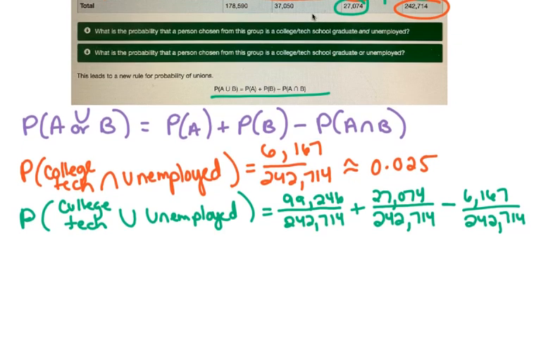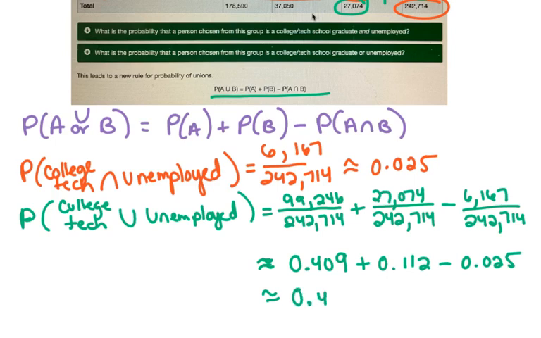And so that's going to equal approximately 0.409 for the first one, plus 0.112 for the second one, and then minus 0.025. And again, I'm going to plug this all into my calculator, and I get approximately 0.496. So the probability of someone graduating college tech or being unemployed is 0.496.